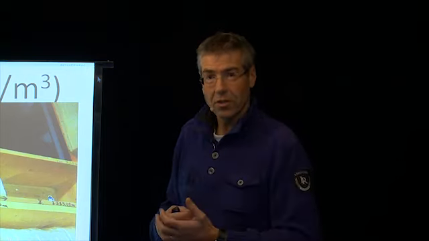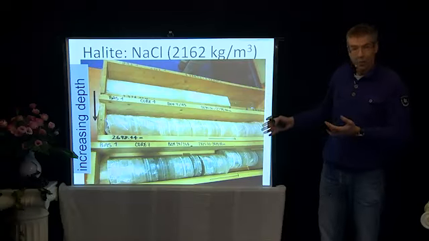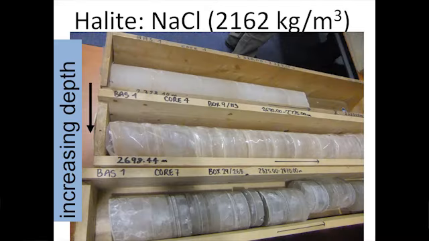When we look to the core samples of the Zechstein, we find in the upper part hundreds of meters of pure salt. This core sample is from the upper few hundreds of meters. We find solid sodium chloride without interruptions.